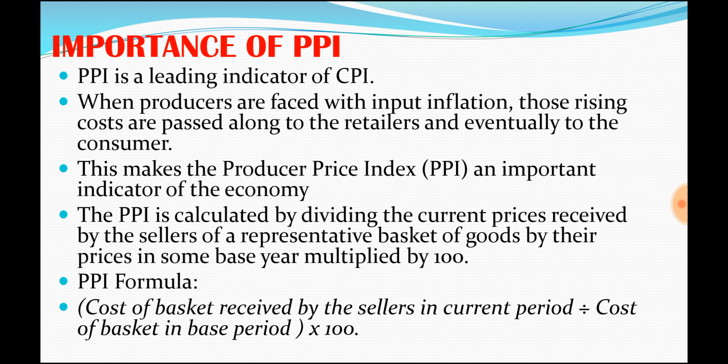But if the government identifies the price increase at the producer level, it will know that in future the consumer price index will also increase, so it could take an advance step. That is why the producer price index is said to be the indicator for the consumer price index in the coming times. So that is why it is very important. India is planning to calculate that also.